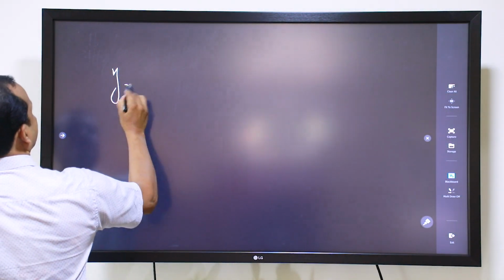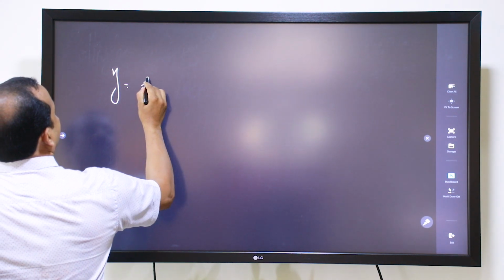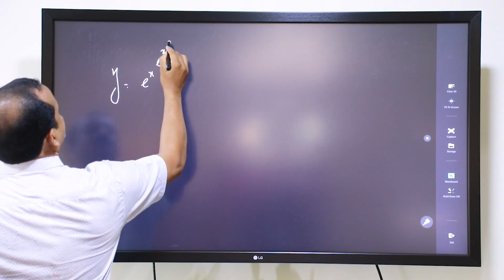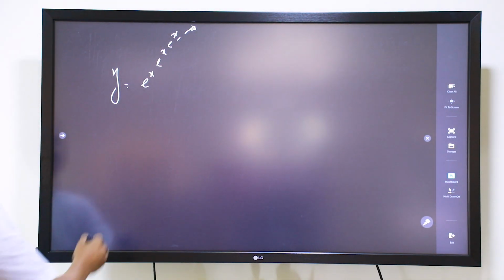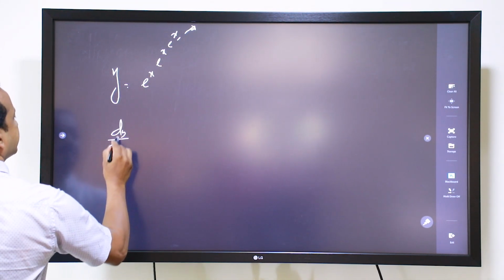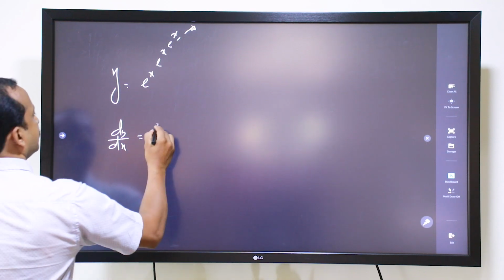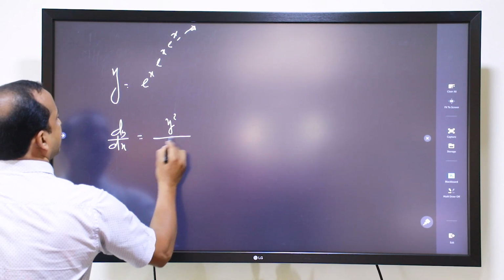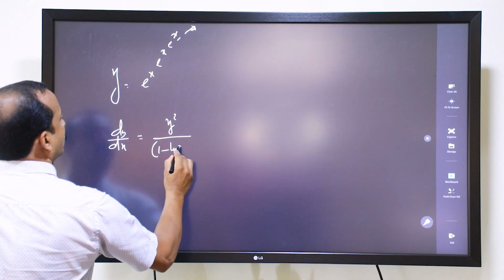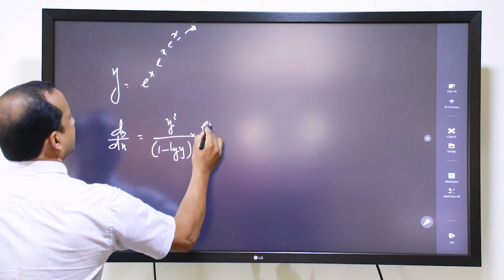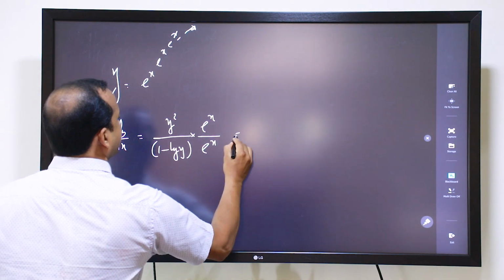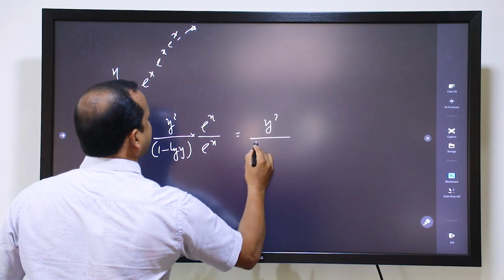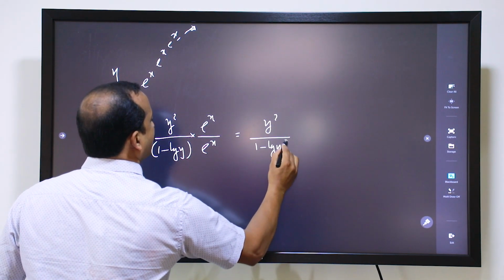Now one more question. y is equal to e raised to x raised to e raised to x raised to e raised to x etc. to infinity. Here also dy by dx is equal to y square divided by 1 minus log y, into the derivative of e raised to x, which is e raised to x, divided by e raised to x, and therefore y square divided by 1 minus log y.